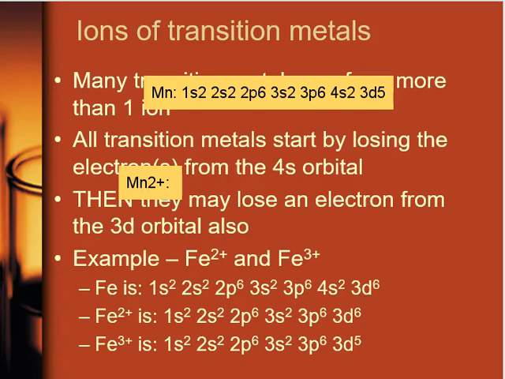And so to get to that 2+ ion, what it's going to do is we're going to take away the electrons in that 4s orbital. They're going to become empty.